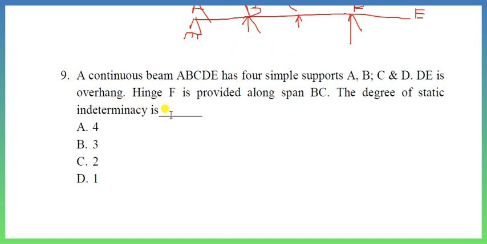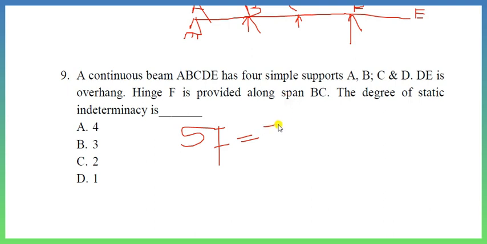So see here, in this continuous beam, how many supports are there? 1, 2, 3, 4 and one unknown from the hinge F, that is 5. So in this case, the degree of static indeterminacy is equal to the number of unknown reactions minus equilibrium equations. What are the number of unknown reactions? 1, 2, 3, 4 and this hinge 5.